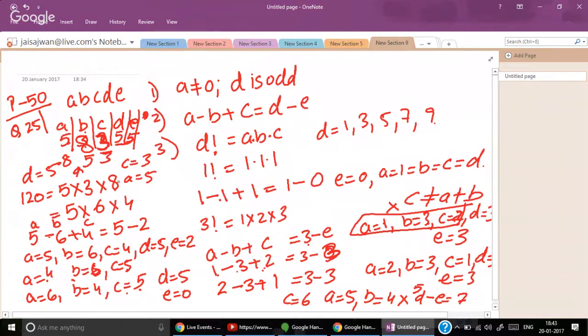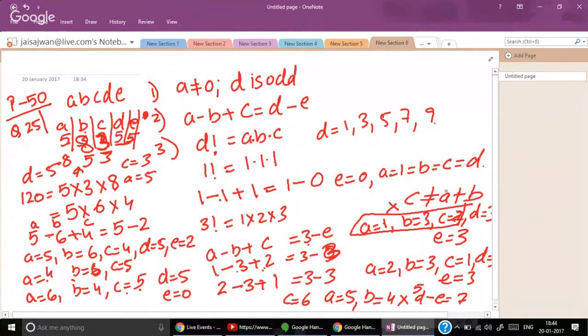And no, it is also not satisfying. Five minus 8, it is absolutely fine, but can I take this 8? No, it will not satisfy.